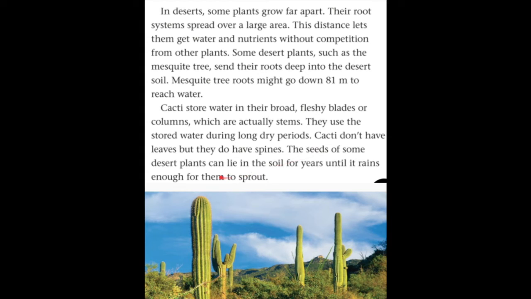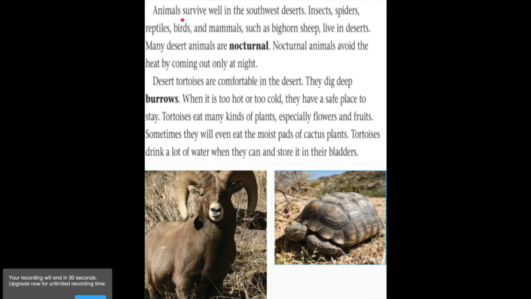The seeds of some desert plants can lie in the soil for years until it rains enough for them to sprout. So we have seen that some living factors of a desert are plants like cacti and mesquite trees. Let's keep reading about animals.